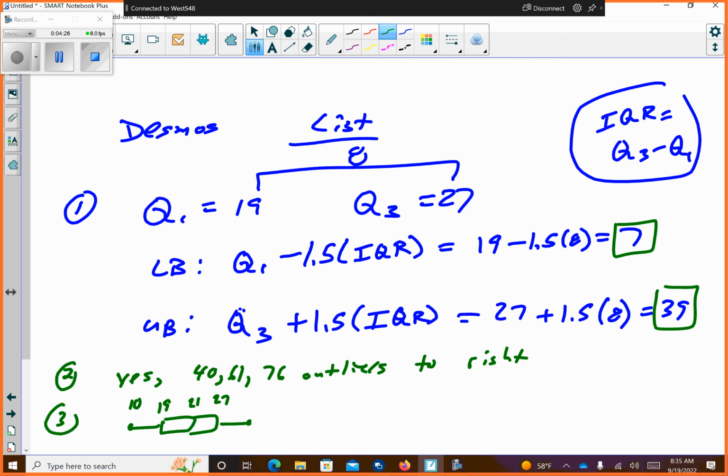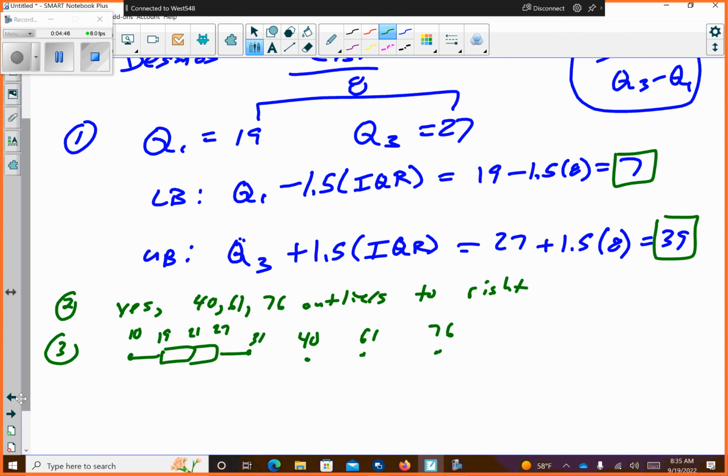And then this last number here is like 31-ish. And then I have these dots out here. So that would be our 40, our 61, and our 76. Okay. So that's the first problem. Does that make sense?